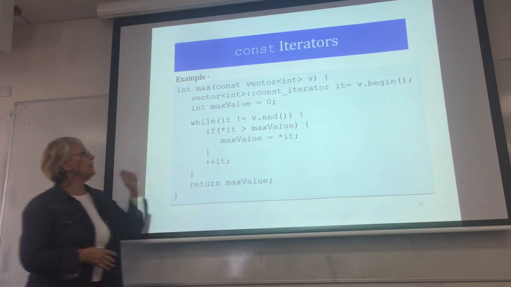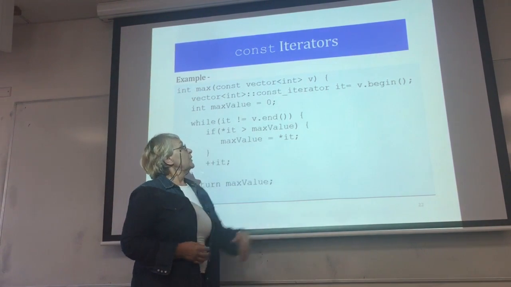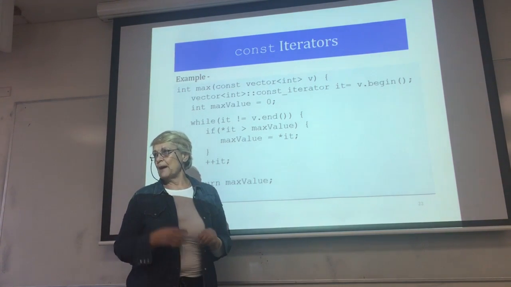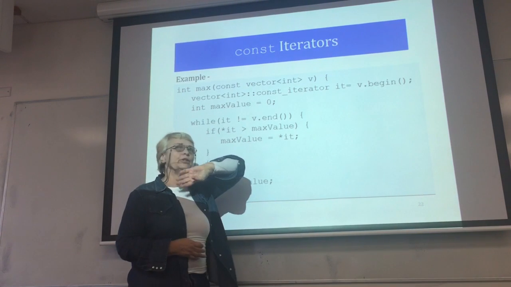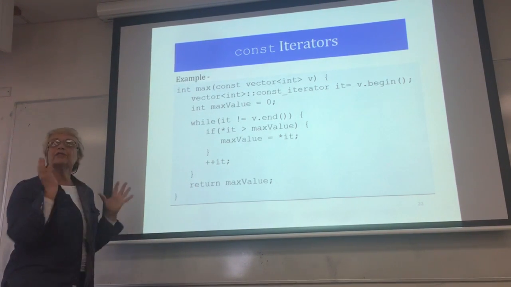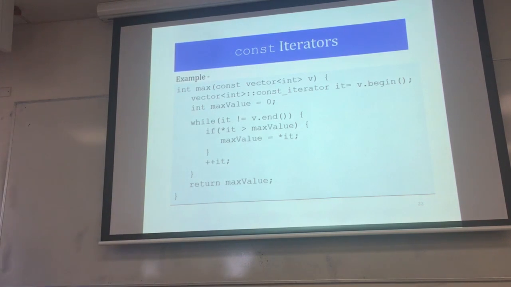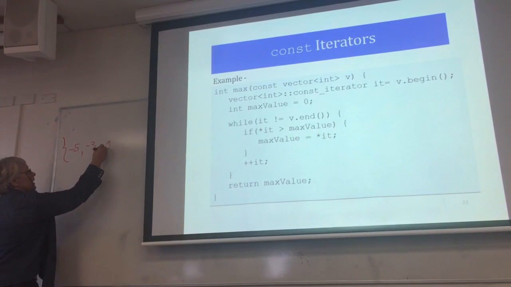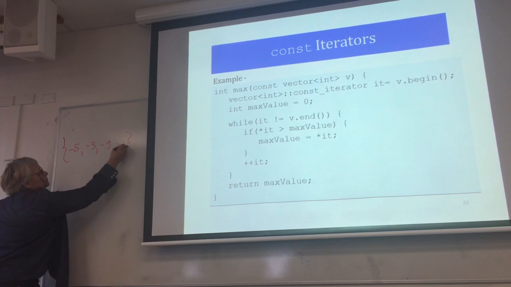This works only if you have positive values in your vector. But be aware, this method, which is many times presented in books and stuff, does not work if you have this kind of vector. It gives you definitely the wrong answer if you have this vector, -5, -3, -9, -1.